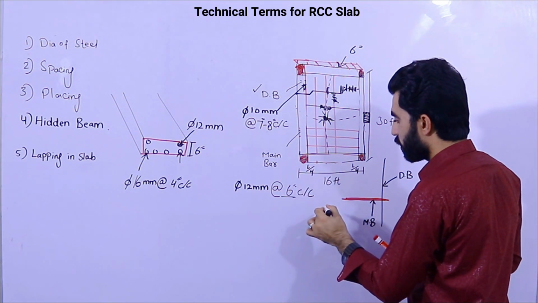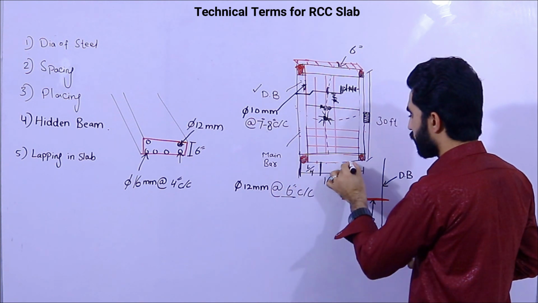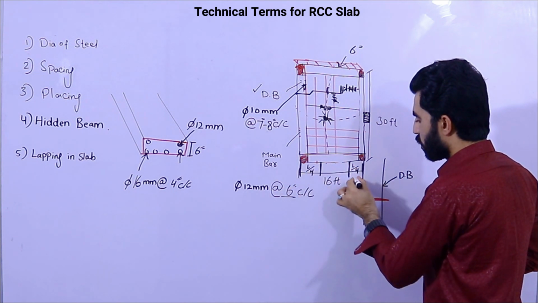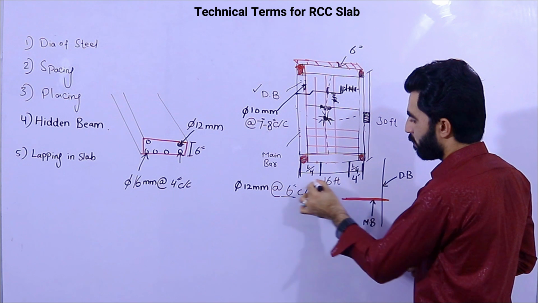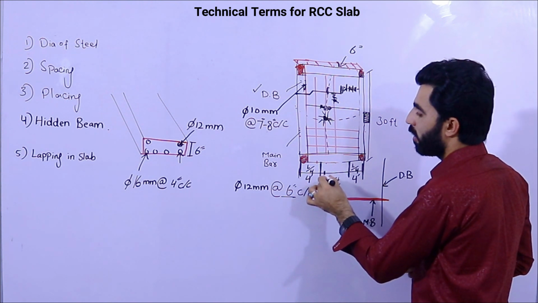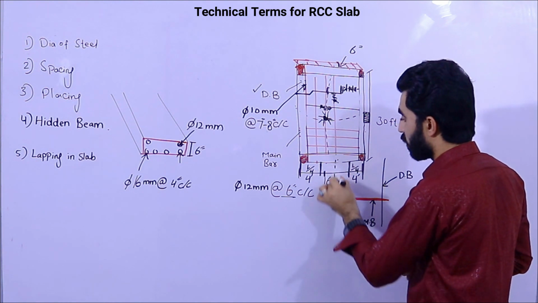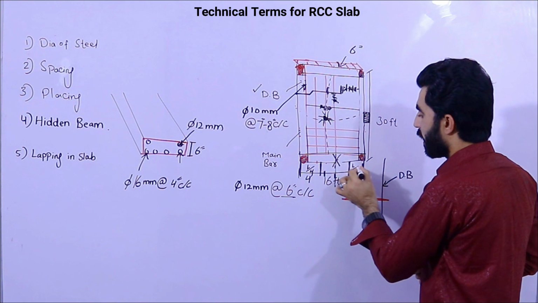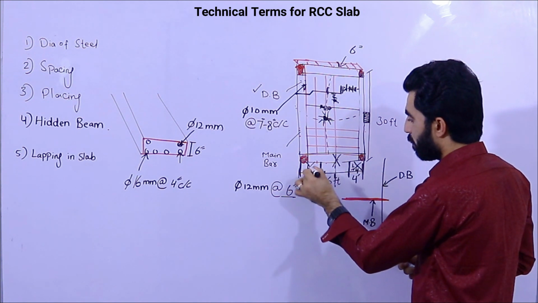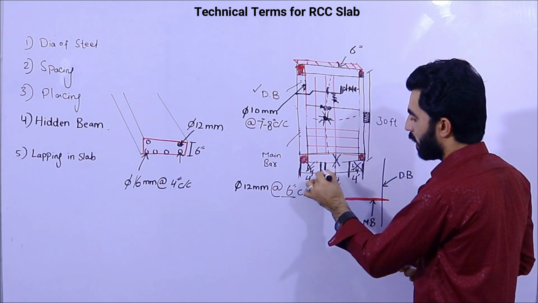So 16 divided by 4 is 4 feet, and also this is 4 feet. So don't provide the lapping length at this place and also at this place, but you can provide it after L/4 distance, not at the mid. This is also very important: not at the mid, not within L/4 distance, but after L/4 distance you are able to provide the lapping length here.